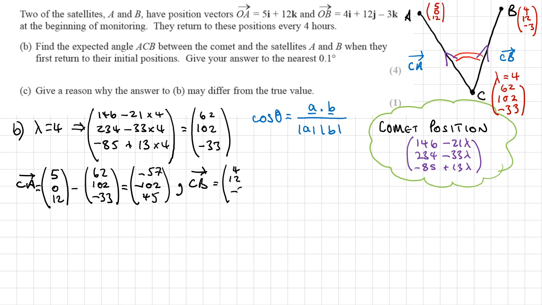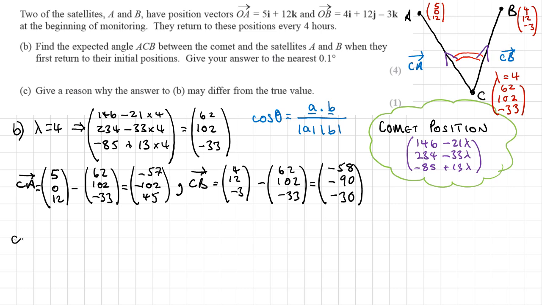Remember, you do the second vector minus the first, or you can work out a jump between the two. Minus 62, 102, negative 33. I'm working all of that out. That gives me negative 58, negative 90, negative 30.